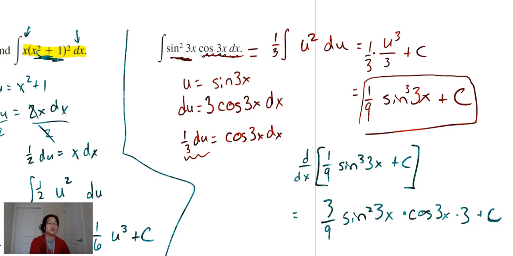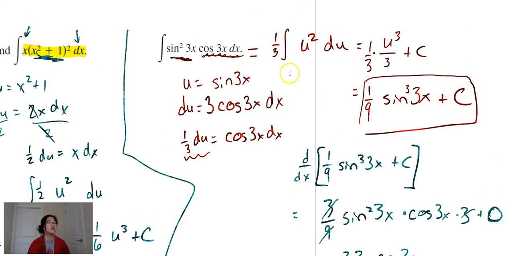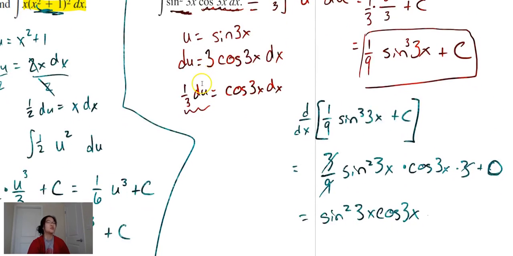Okay. And then what do we get there? Well, the 3, 3, and 9 cancel, so we're left with sine squared 3x cosine 3x, and I think that's it. Is that what we wanted? Is that what's in our integrand there? Oh yes. Good job, everyone.